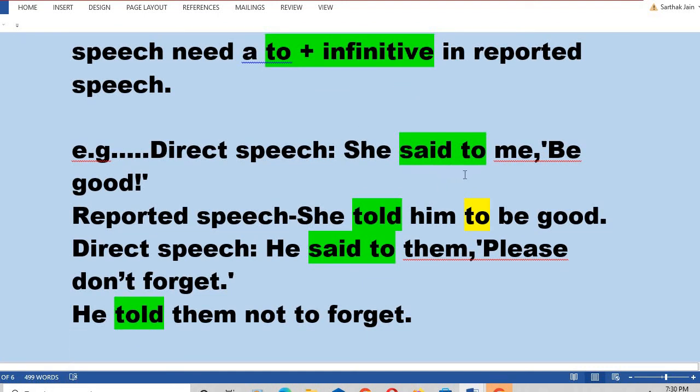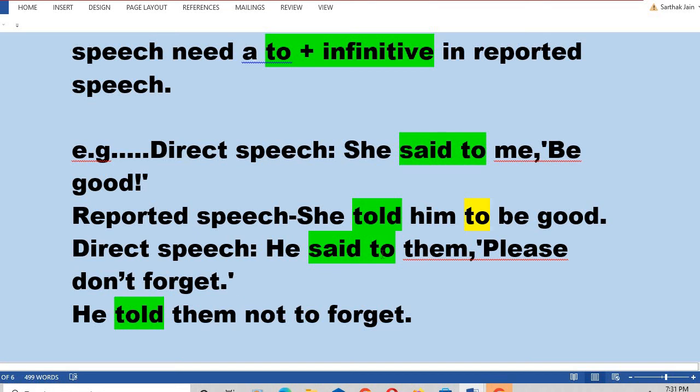Direct speech is, she said to me, be good. Now be is also a verb from which the sentence is being started. Okay, be good. Reported speech is, she told me to be good. Just add to and the sentence will be the same. Said to will convert into told. Another example, she said to me, please don't forget.